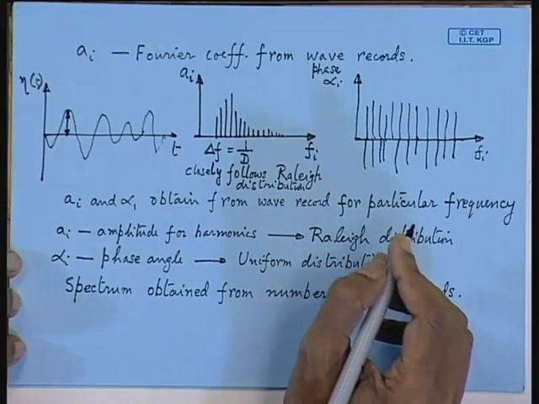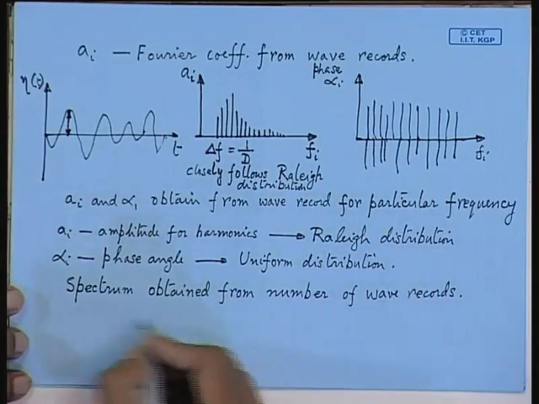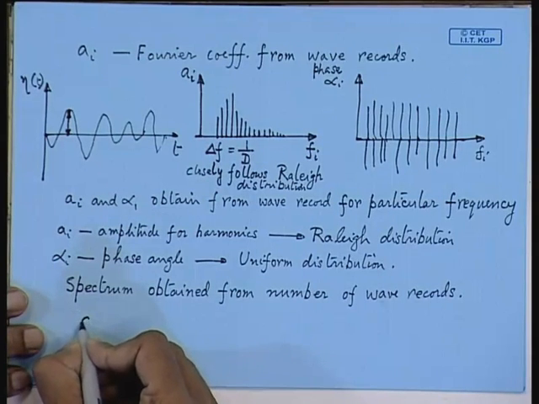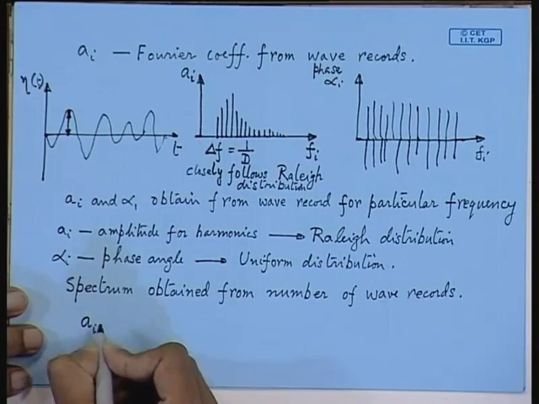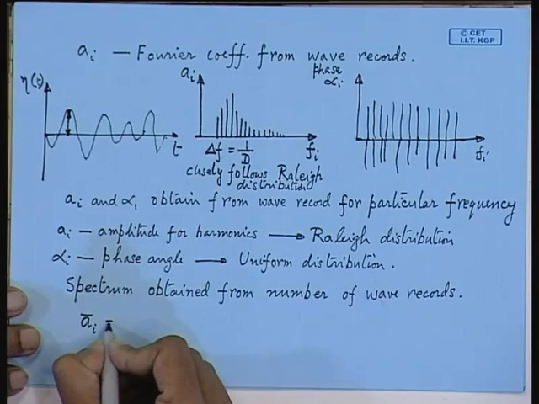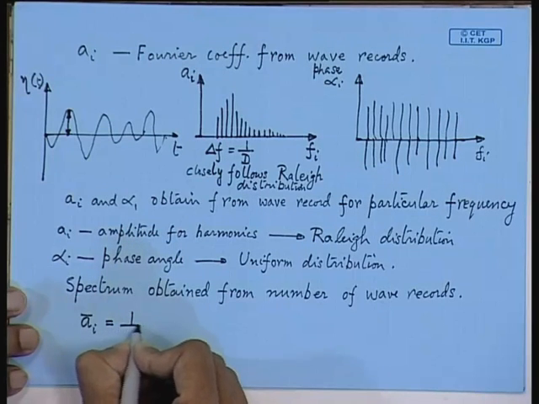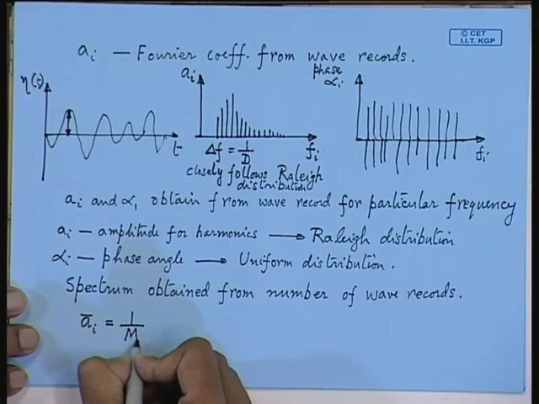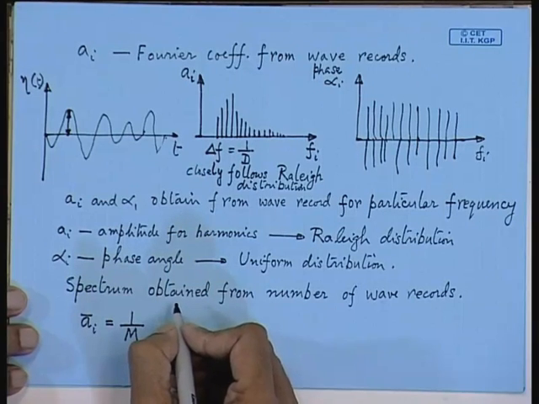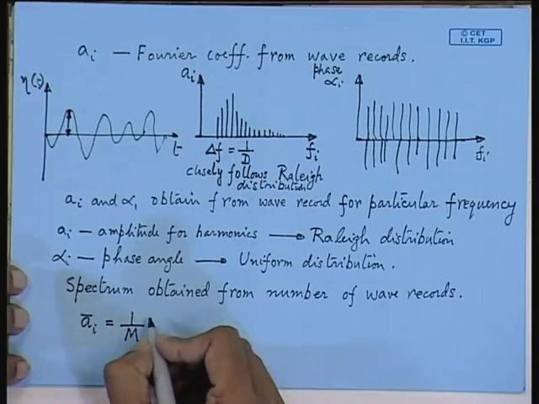Now, what is to be done is, if you do a spectral analysis, you have to find out the mean elevation for a particular frequency from all these records. Say you have taken M records. So, M is, the experiment has been done many times.